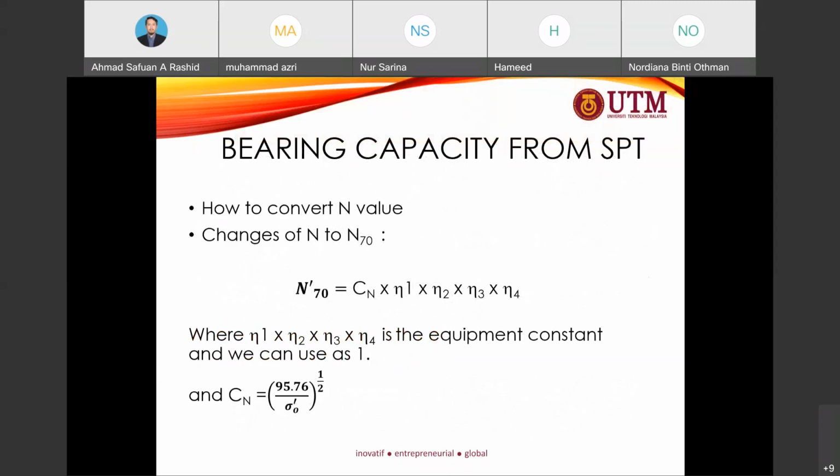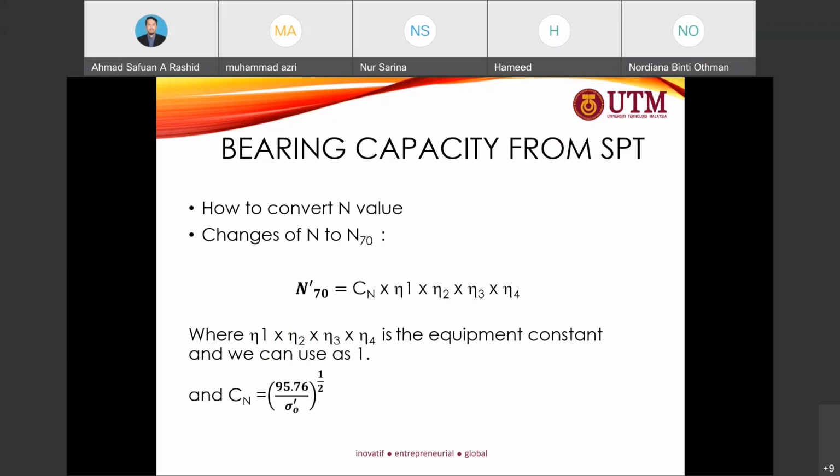So another approach is to determine the bearing capacity by using the SPT value. First, how to convert the N value to N70. This is the corrected N70 value that we may use in the design later on to get the bearing capacity for shallow foundations.